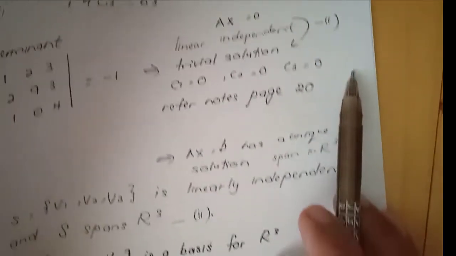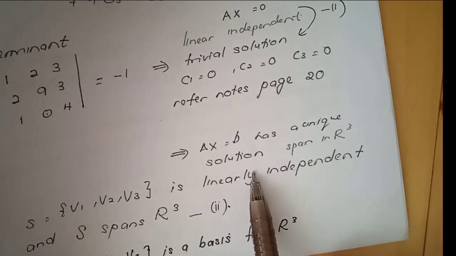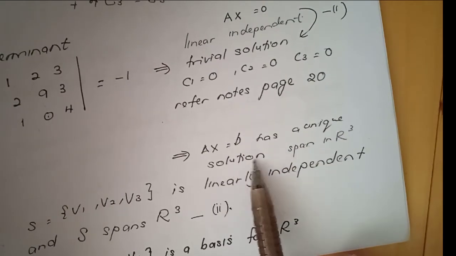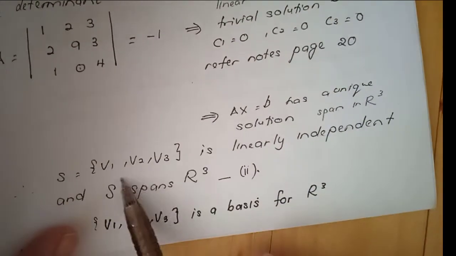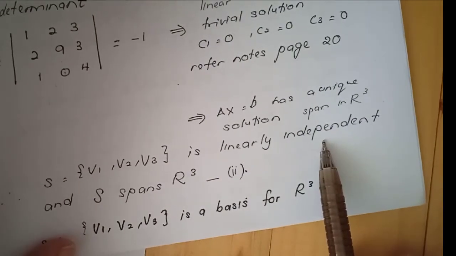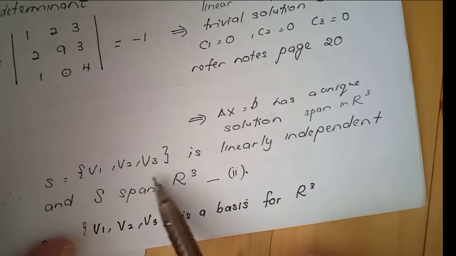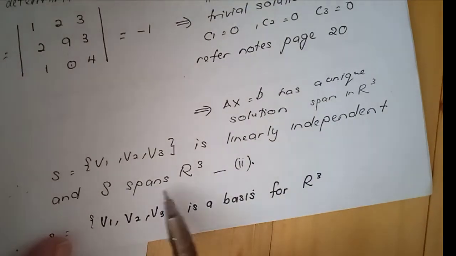So AX equal to B has a unique solution. When AX equal to B has a unique solution, it means that V1, V2, V3 is linearly independent. When V1, V2, V3 is linearly independent, we can say that S spans R3.